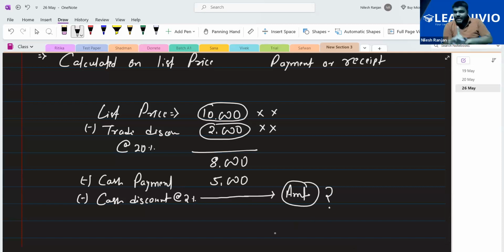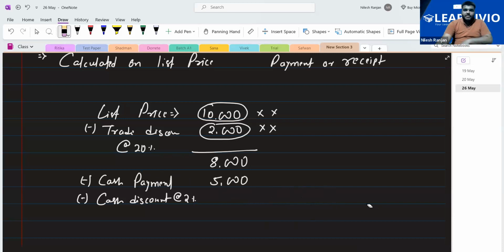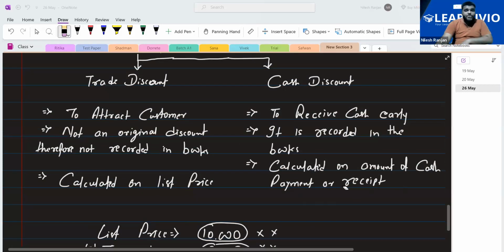No, I'm not asking the balance amount. I'm asking the cash discount amount. It is 2%, so 2% will be calculated. Now the question is on which amount it will be calculated, on 8,000 or 5,000. As I have written in the theory part, it is calculated on the amount of cash payment or receipt.